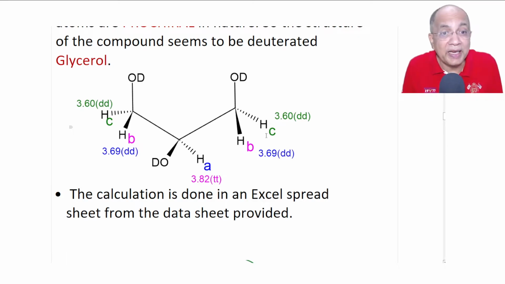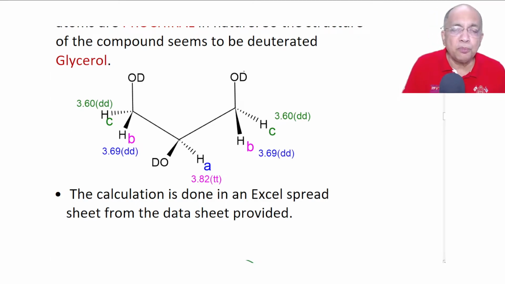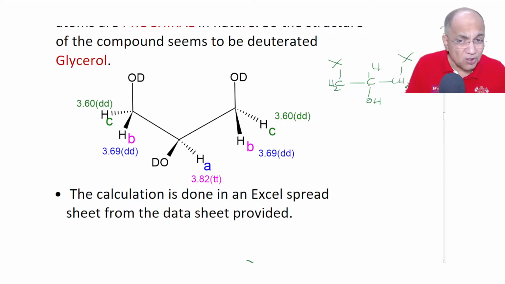Can you tell me why? If you already know something called prochiral center, supposing you have a compound like this, CH2, and supposing this is X, and this is CHOH, and this is CH2, and this is the same X. So this is not a chiral center, no doubt about it.